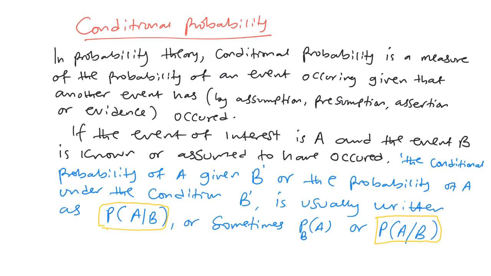You can use any. This one is not so common, but for purposes of information I've given it to you: probability of A slash B, or probability of A, then a bar, then B. But the first is very common. Most people use it when they are writing. That's how we write conditional probability: probability of A given B. B has already occurred. What is the chance that A occurs?